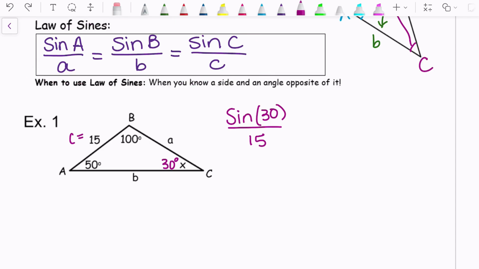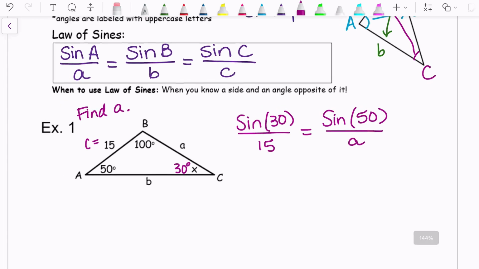I just find my pair and put that down first. So the sine of 30 goes with its side 15 is equal to, let's say I wanted to find side A, and I'm going to make this example just be find A so that we don't have to do all the missing things. So I have the sine of 50 over A. I put 50 on the top because it's the angle, it goes with sine of 50, and then we have over A because that's the side we're looking for.